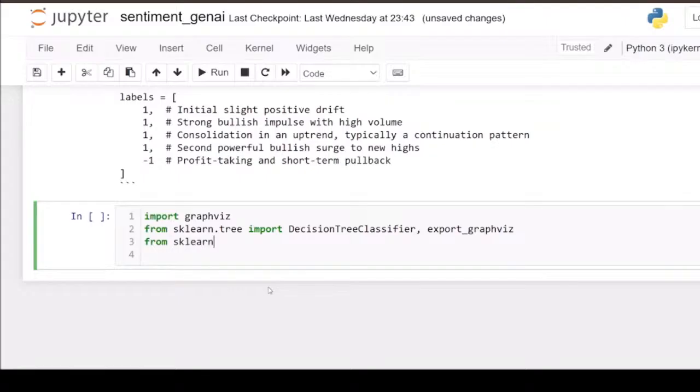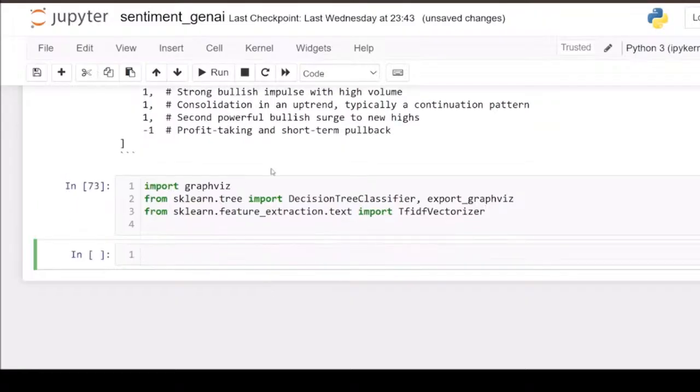Now we'll go with our vectorizer, that will be from sklearn.feature_extraction.text import TfidfVectorizer. This is the model which converts text to numericals, so this is important.